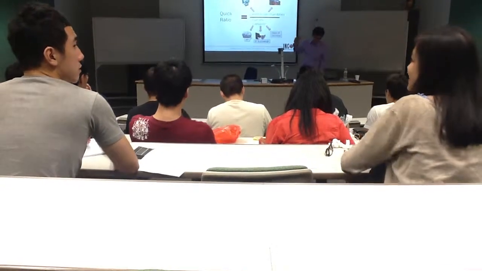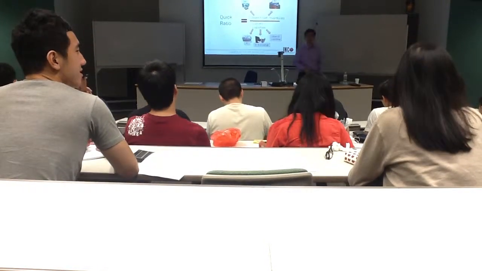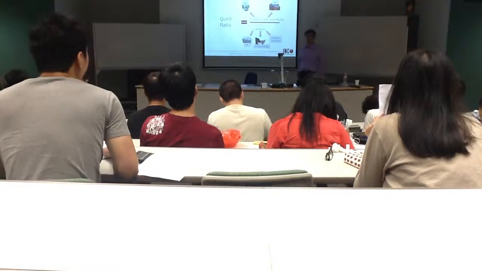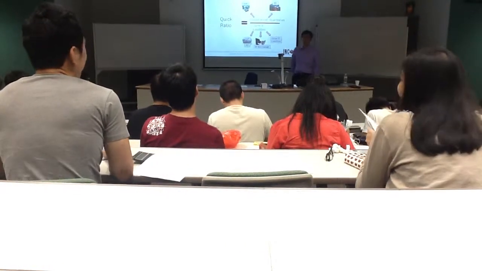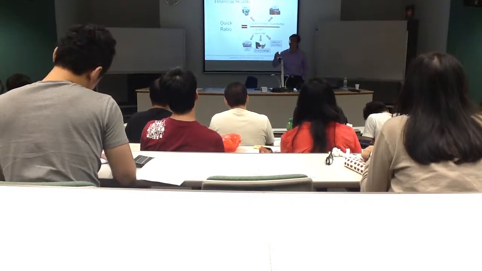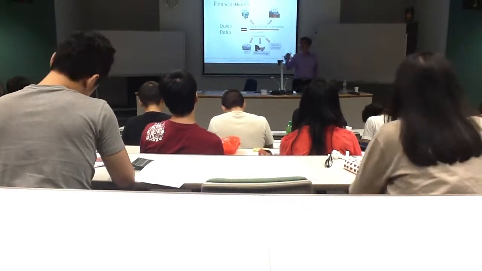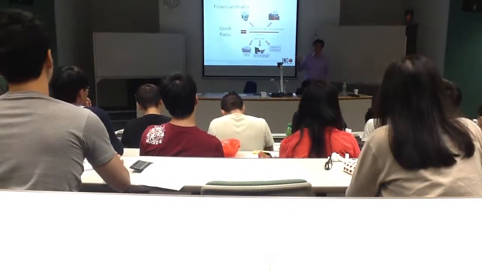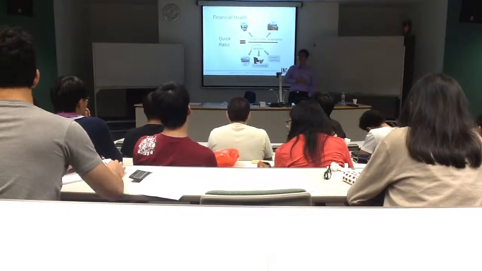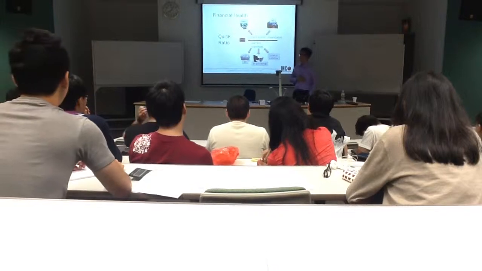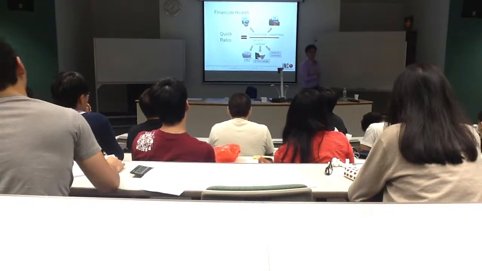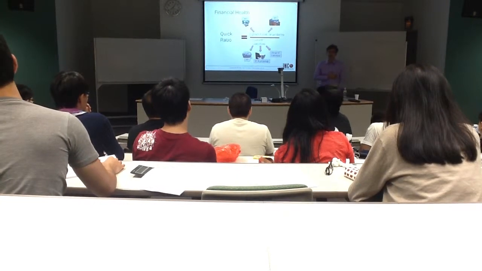So here I want to pause a little bit and ask you guys, do you think a higher current ratio or higher quick ratio is good? Yeah, quick. Okay, I phrased it a bit wrongly. I mean, both ratios can be used to measure short-term financial health. Do you think it really serves its purpose, the quick ratio and current ratio? Does it really show that the company is good or bad?